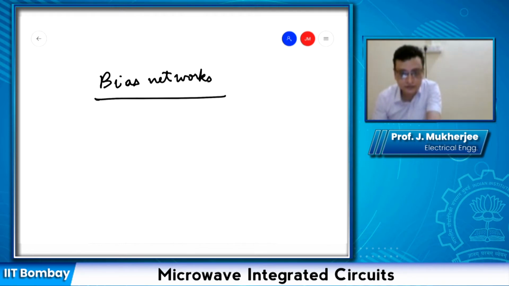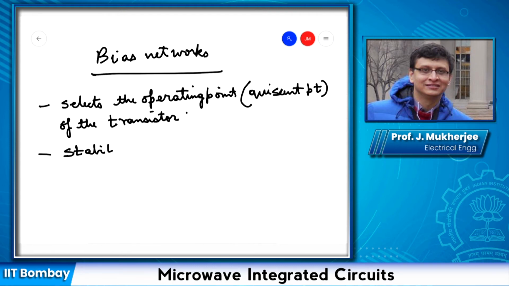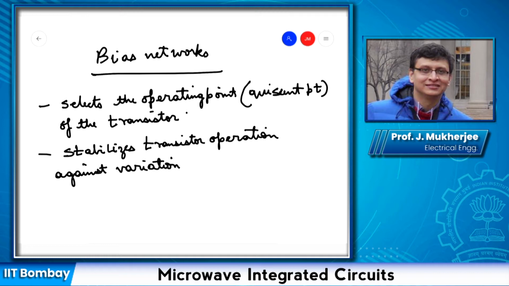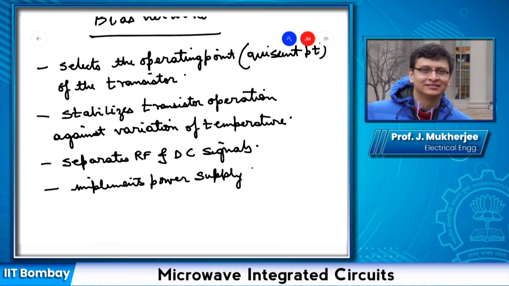These are the primary purposes of a DC bias network.